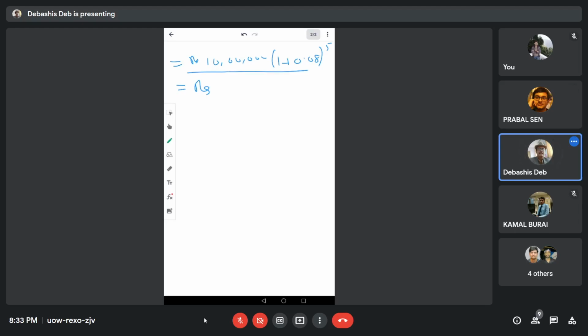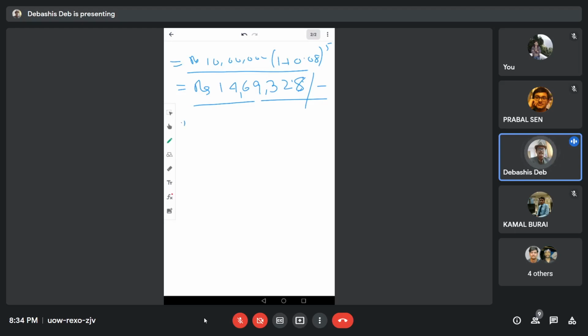What is the figure? 1469328. 14 lakhs 16,000. Okay. So he invested 10 lakhs, at least while selling the plots at cost against 10 lakhs, he should ask this 14 lakhs 16,000. There is no ambiguity because this much he would have obtained in case of bank also.